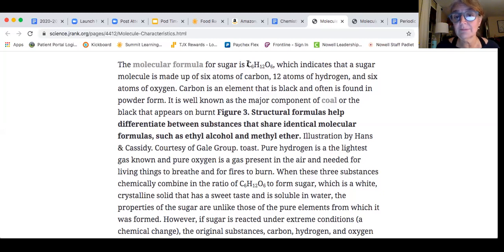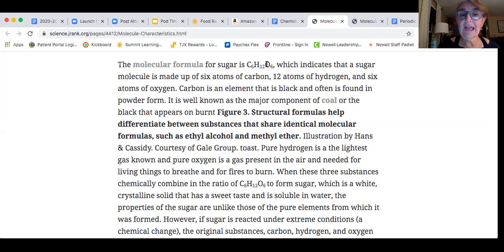So 6 carbon, 12 hydrogen, 6 oxygen. We know carbon is an element in the periodic table, and it's often black and found in powder form. It's the major component of coal, and that's why we have this black appearance when coal is burnt.